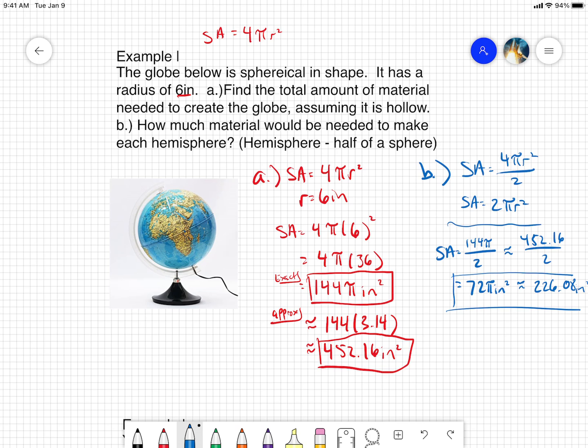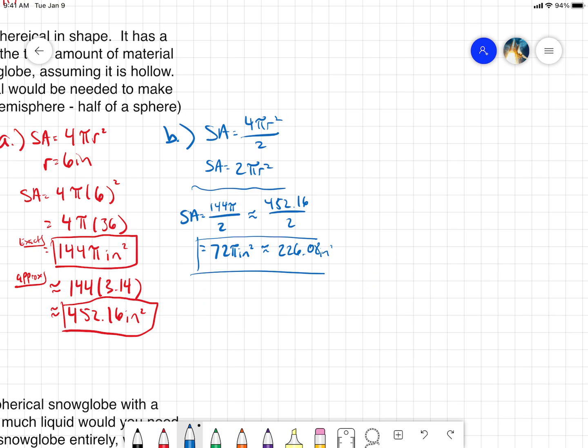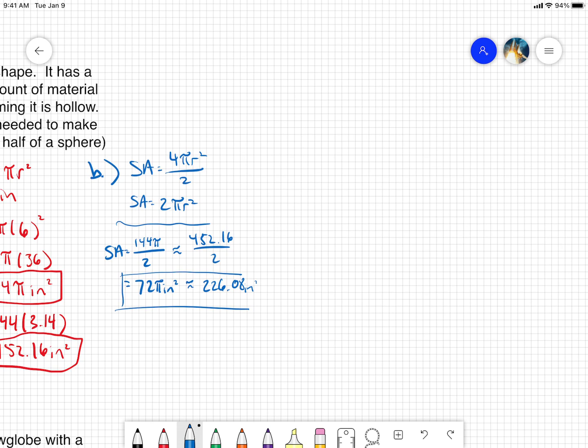Now the reason that you need to be careful, and I don't want you to think about the formula for a hemisphere, is there's 2 different types. So let's just say I have this hemisphere here.